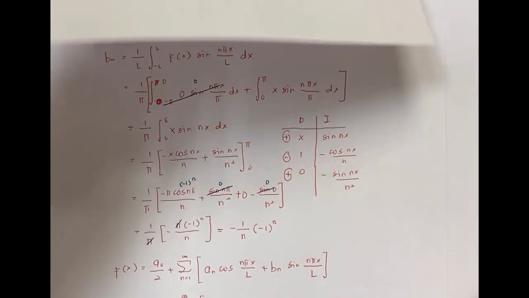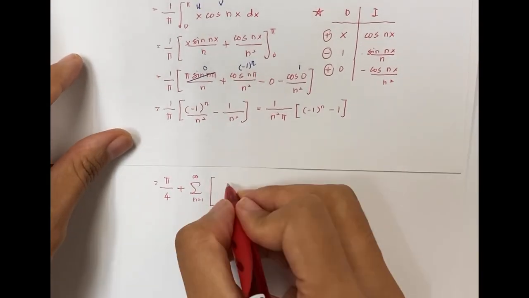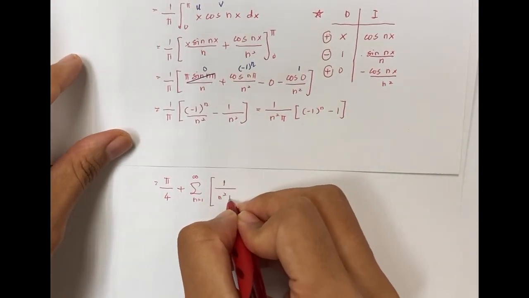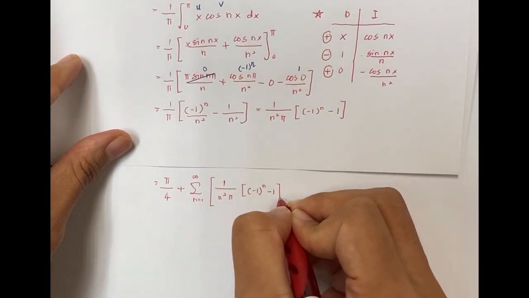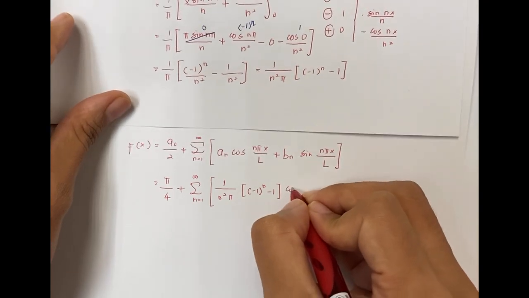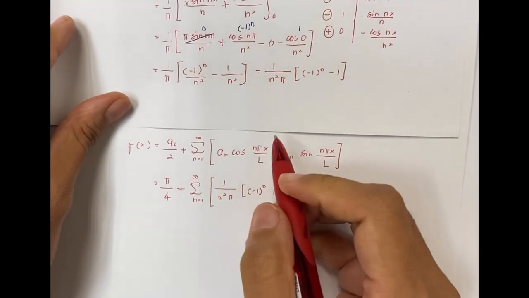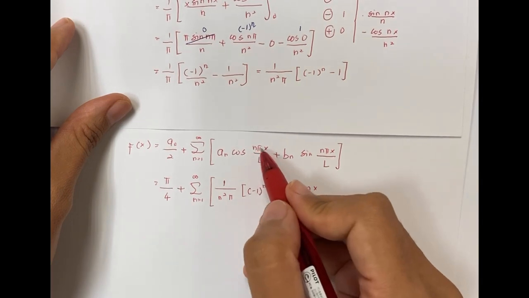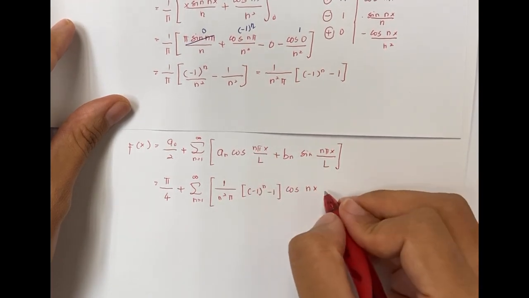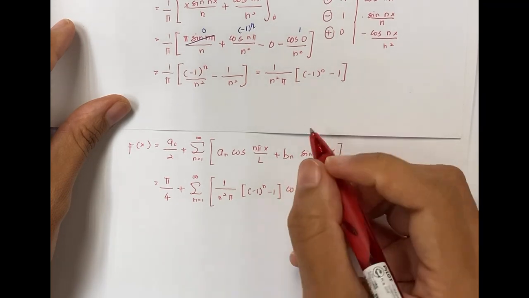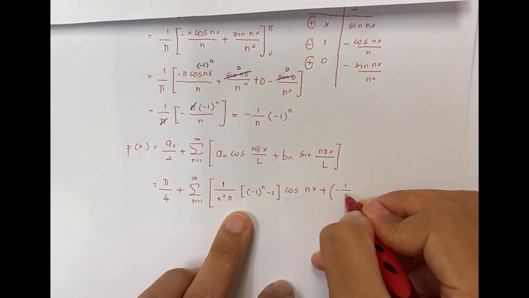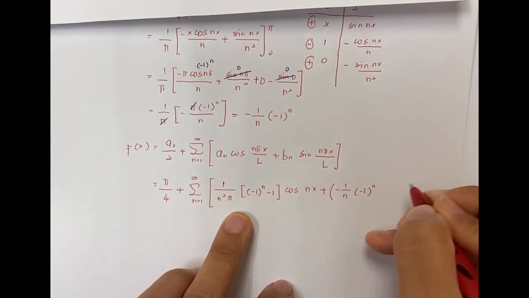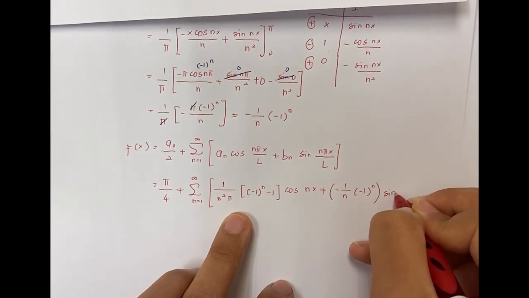Okay, an is equal to 1 over n square pi, negative 1 to the power of n minus 1, and then cos n x, because our L is pi. So we can cancel this pi and pi. Plus with your bn. Okay, bn is equal to negative 1 over n, negative 1 to the power of n, sine n x.